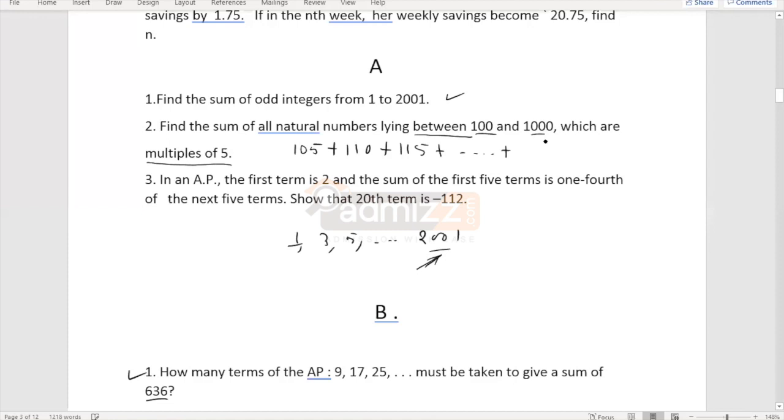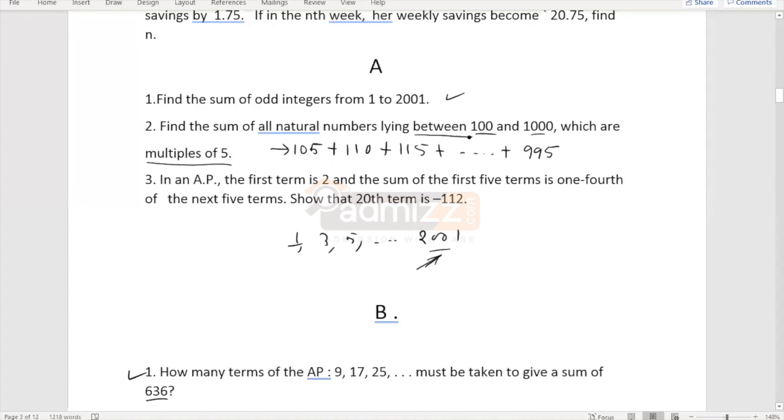Between them the last term will come 995. So all are the terms which are multiples of 5. You have to find the sum of these terms. First of all, you should have an idea about this, and then you can get it, because the first term is given and the difference is given.